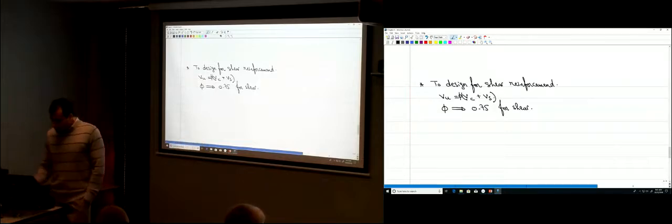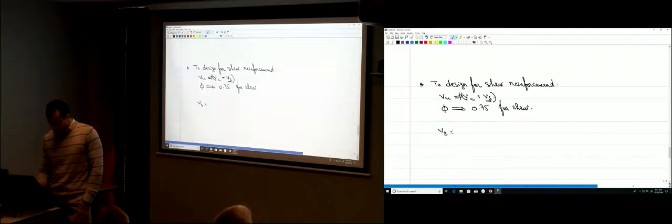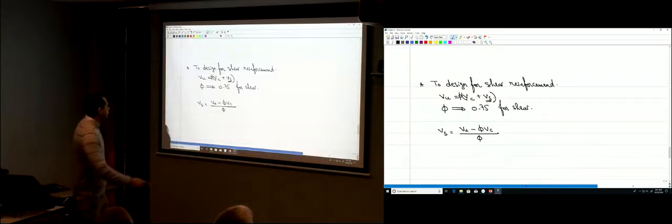So now, how much shear force should be provided by the steel? How much is Vs? It's V ultimate minus phi Vc, divided by phi. Just from this equation.